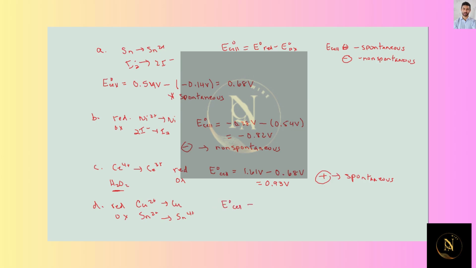The reduction potential is 0.34 volts for the copper, minus the tin, which is going to be 0.15 volts. Make sure you're doing the 2+ to 4+ one. That is going to give us an E cell of 0.19 volts. Here, because E cell is positive, this will again be a spontaneous reaction.